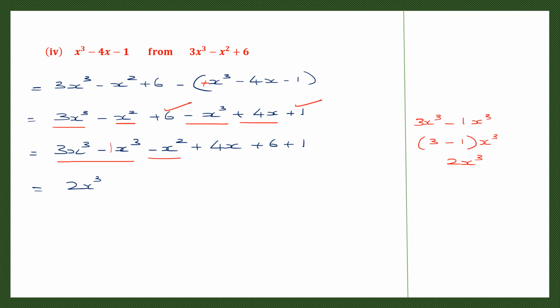We have only 1 there. So let's write only that. So minus x squared. Similarly, 4x also is by itself. We don't have another x term. Plus 4x. Then let's look at the numbers. Plus 6 plus 1. 6 plus 1 is 7. So plus 7. So our final answer is this. 2x cubed minus x squared plus 4x plus 7.